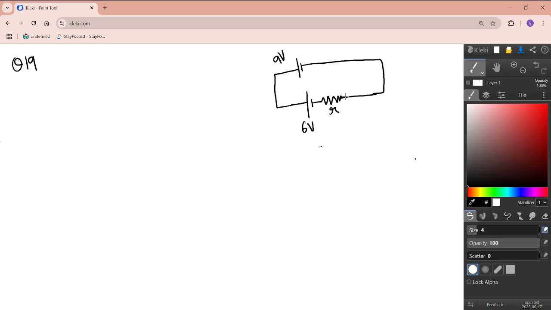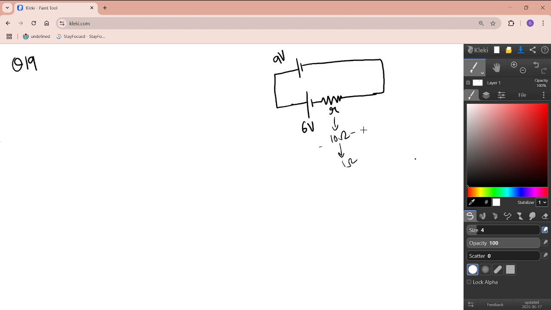Now the question is, when it's completely discharged, the resistance of this is 10 ohm. When the battery is completely discharged, it's completely used. But when the battery is completely charged, the internal resistance decreases to 1 ohm.